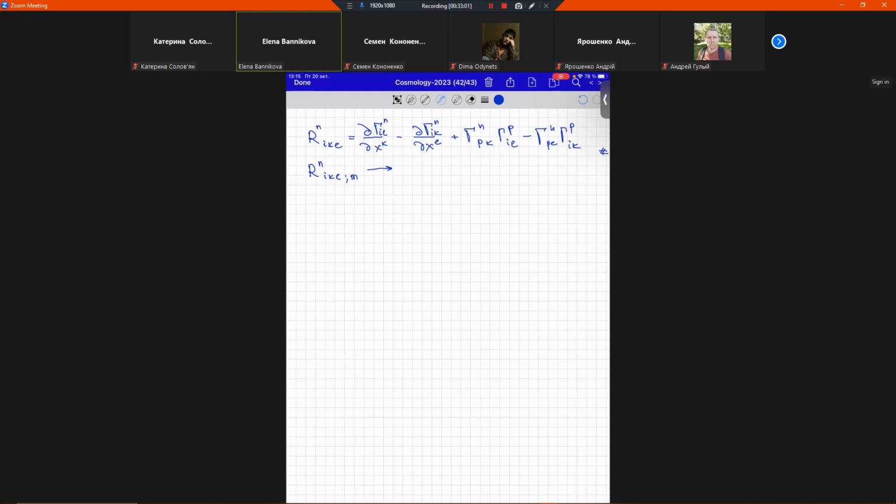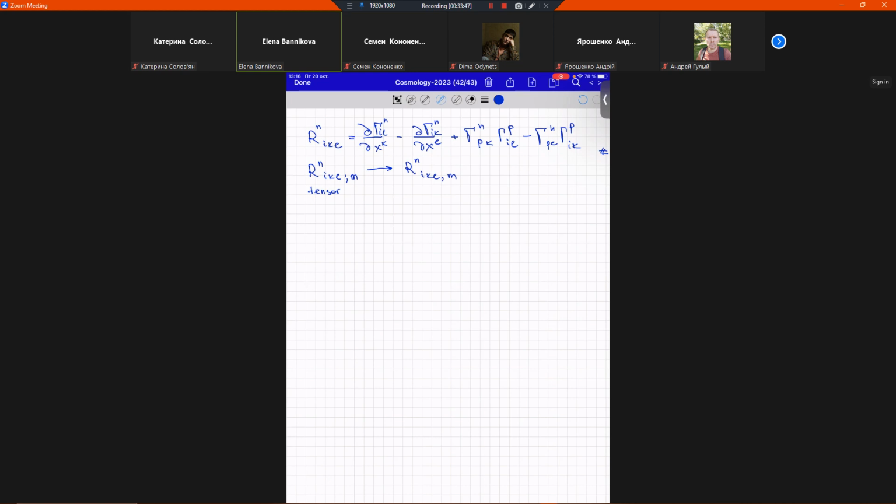And now I will make this trick again. We already used it once before, and now I will repeat it. I say, okay, this is a tensor, and it means that the same should work in what we call a local geodesic reference system or local geodesic coordinate system. It means when we are in a Cartesian system, for example, we know that it will look like this.